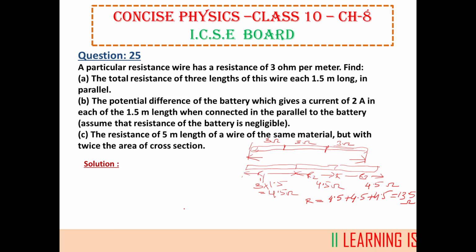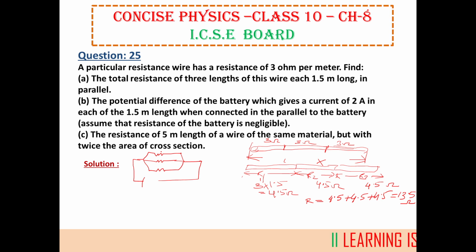So the total resistance of three lengths of wire, each 1.5 meter long, in parallel. So these are not in series. If they were in series, the resistance would have been 13.5, but they are connected in parallel. So we have to draw the circuit again.